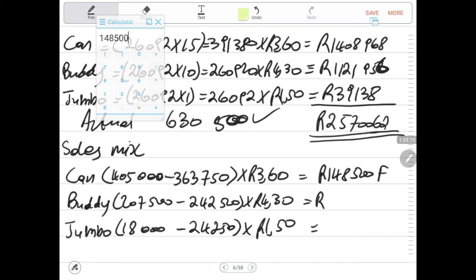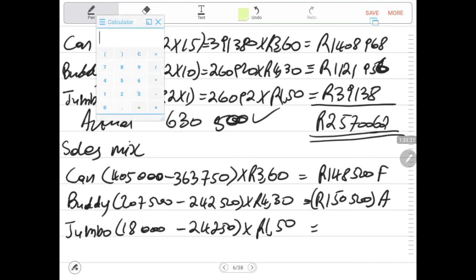Second one, it is 207,500 minus 242,500 times 430 cents. This gives us 150,500 unfavorable, that is adverse. Then we go to the third one, which is the jumbo.